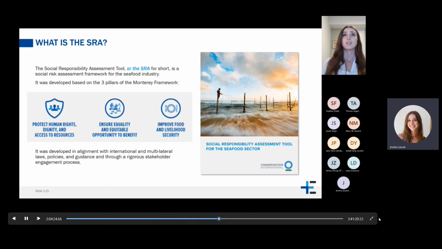responsibility in seafood. So what that looks like is first and foremost your individual rights, so protecting human rights, dignity, and access to resources. So these are your core ILO conventions, for example, and these baseline minimum requirements for individual well-being and really affect an individual. Then you have ensure equality and equitable opportunity to benefit.